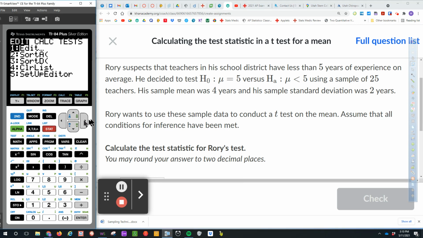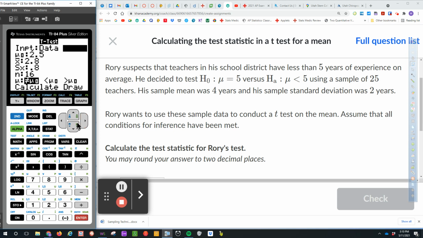It's okay. I immediately go to Stat, go to Test, go to t-test, and I can put everything in. I'm using the stats, and the mean here is 5, right? Here is 5, and here the sample mean is 4.